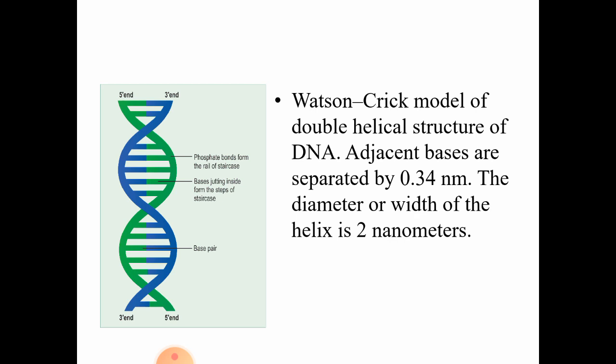You also need to show that it is anti-parallel, 5' 3'. One strand is 5' 3' and the other one is 3' 5', and it is double helical, with adjacent bases separated by 0.34 nanometers, and the diameter or width of the helix being 2 nanometers.